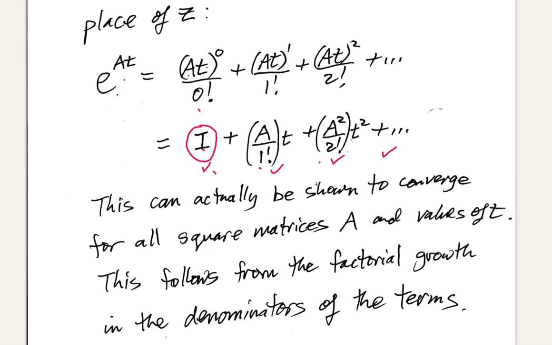Now, we haven't really talked about convergence of sequences of matrices, but the idea is very simple. A sequence of matrices, all of the same dimensions, is going to converge if what? The sequence of any particular entry, for all the entries, is going to converge. So if I think about the sequence of entries in the upper right corner or the upper left corner, that sequence, as just a sequence of numbers, has to converge.